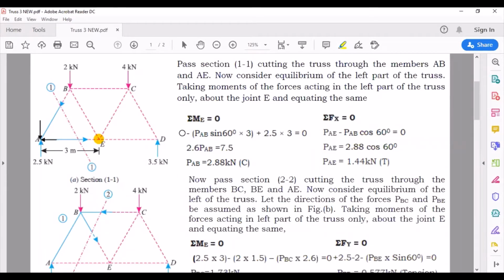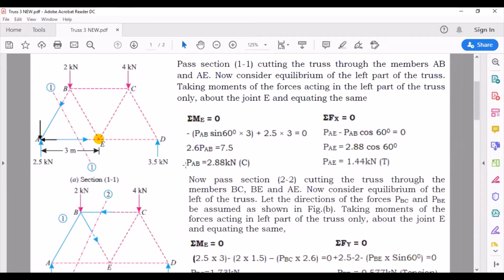If you rearrange the terms in this equation, you will get 2.6 PAB is equal to 7.5. That is, transferring this term to the right hand side, it becomes positive. That is 2.6 PAB is equal to 7.5.